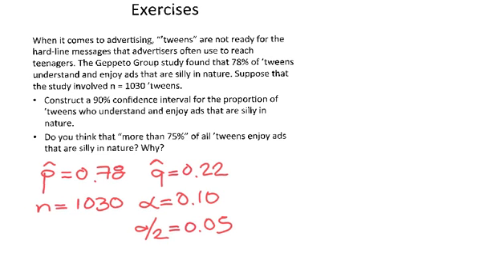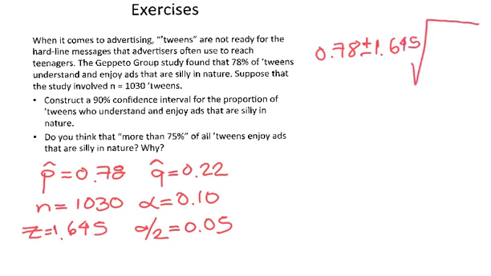Okay, so we have z of 1.645, and if you remember the formula, this is p hat, that is 0.78, plus minus the value of z, that is 1.645, times the square root of, again, p times q, that is 0.22, divided by n.